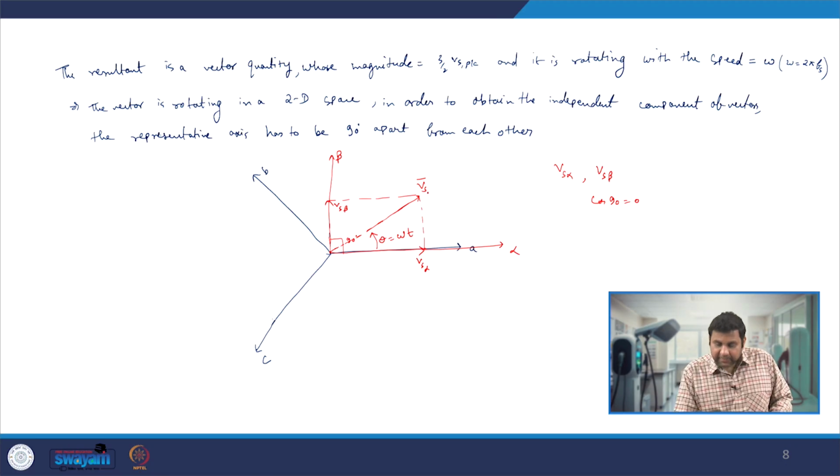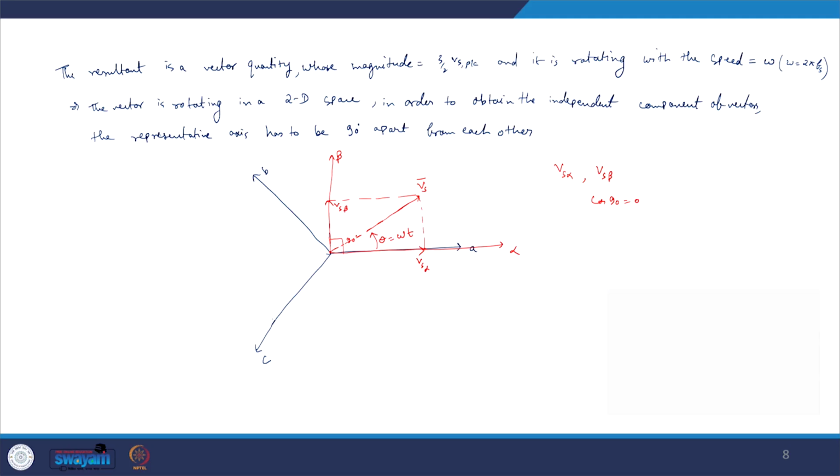So that means what? If I can represent this space vector using two axes which are 90 degrees apart from each other, then the components of that vector on those axes are independent of each other. That means whenever you are changing any value in Vs alpha, there is no impact on the beta component.